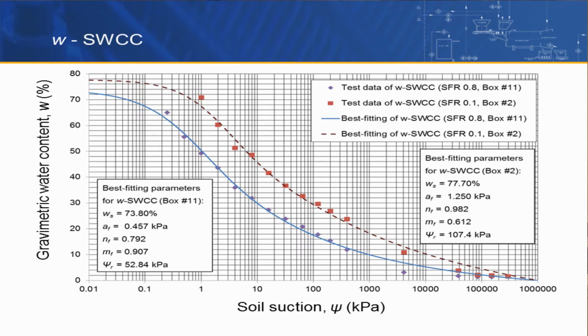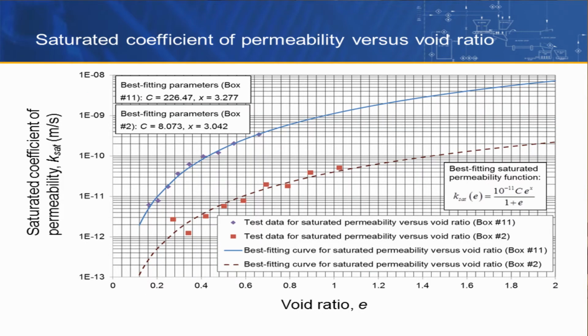And then we have tests from the soil water characteristic curve, and the data we get is the gravimetric water content versus soil suction. By using Fredlund's equation to best fit these test data, we have this mathematical relationship between the gravimetric water content and the soil suction. All of those best fits are obtained by regression analysis.